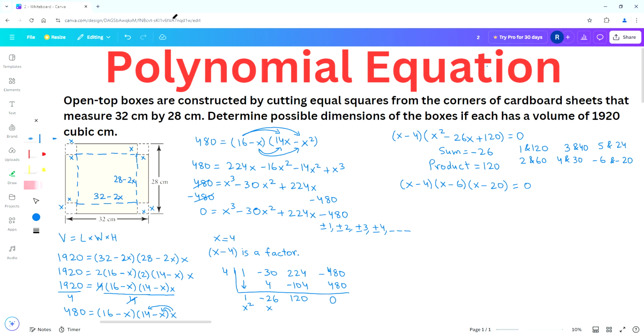Now we have to analyze the cases for each factor to find the value of x. The first x value is 4.